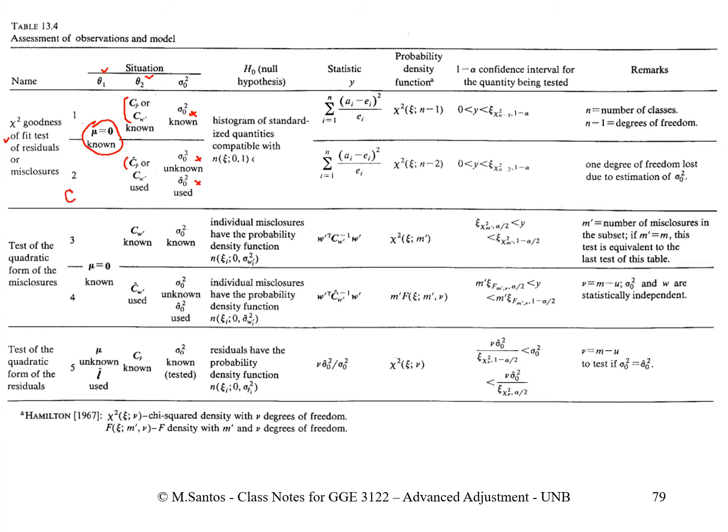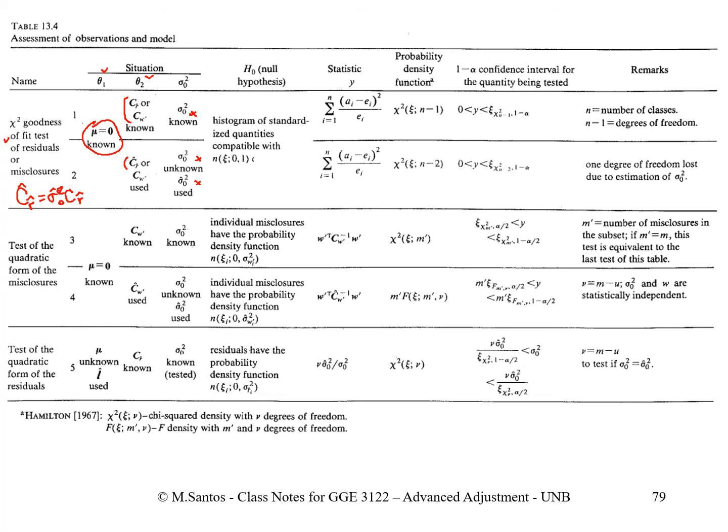Okay, so we usually have the covariance matrix of the estimated residuals, for example. If we don't know the a priori variance factor, we scale it with the a posteriori variance factor, and now we're going to have this matrix C hat, R hat.